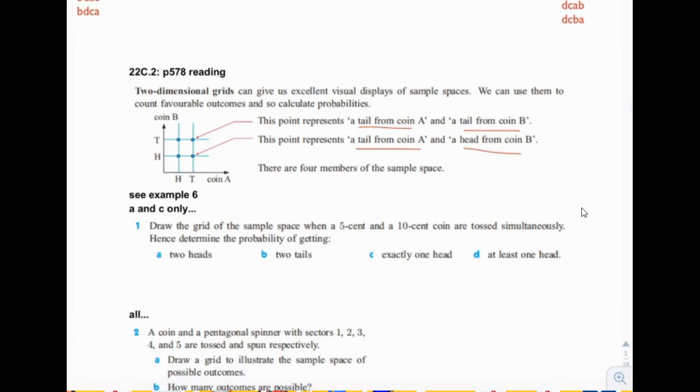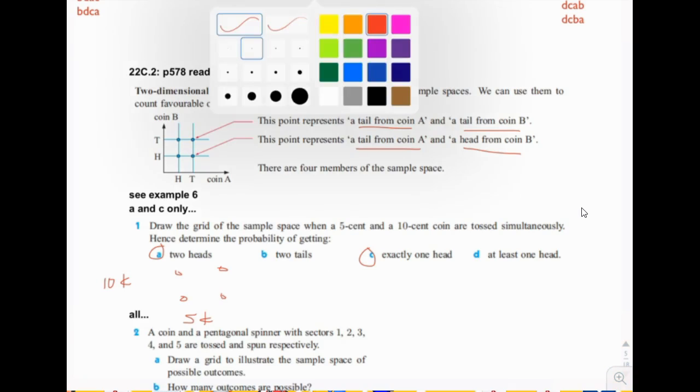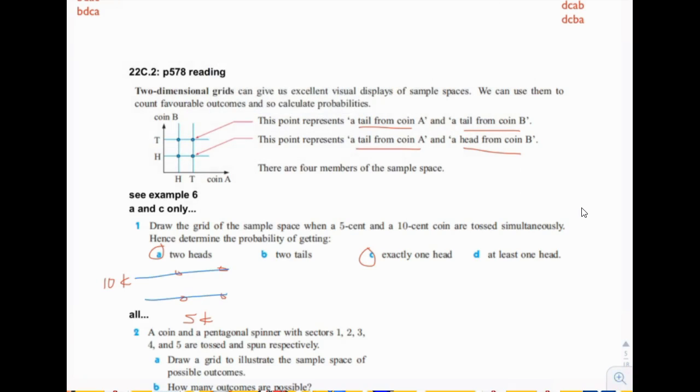Number 1, we're going to do A and C. So A, draw the grid of a sample space when a 5-cent and a 10-cent coin are tossed simultaneously, hence determine the probability of getting 2 heads. Okay, so we're going to draw the diagram, and so the x-axis is going to be the 5-cent piece, the y-axis is going to be the 10-cent piece, and we are going to see that there are 4 outcomes.